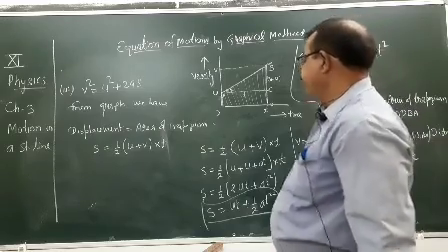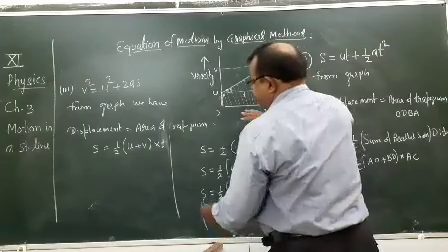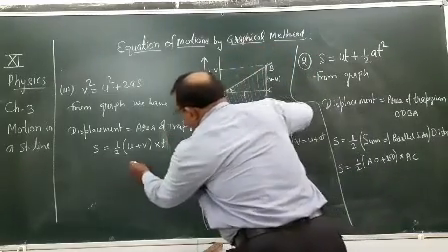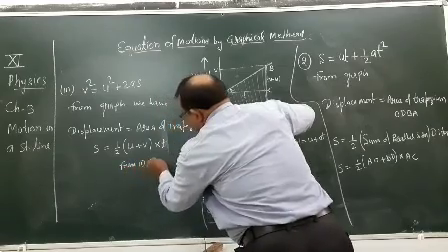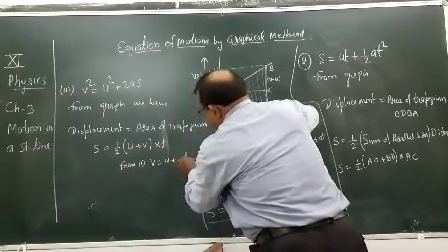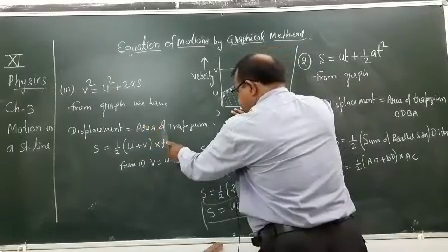Now from equation number 1, V equals to U plus AT. Find the value of T and putting this value in here.